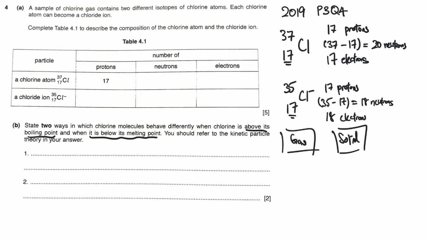So we can choose one for part 1, part 2. Let's say part 1 is above the boiling point. What happens above the boiling point? Chlorine is in gas form, like we said. How far are the molecules? The molecules are far apart.